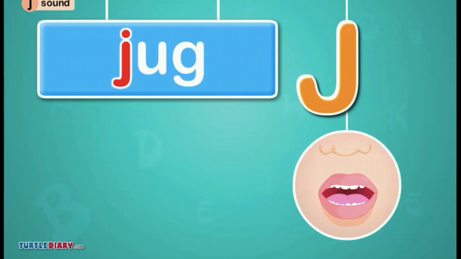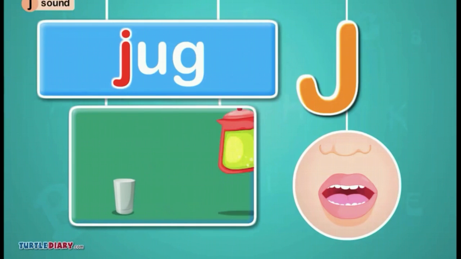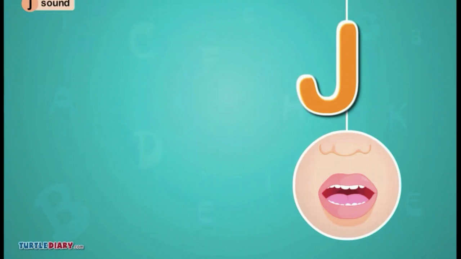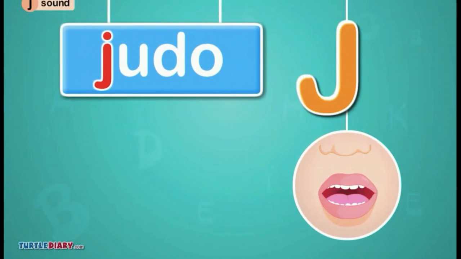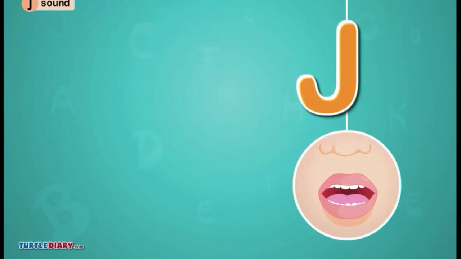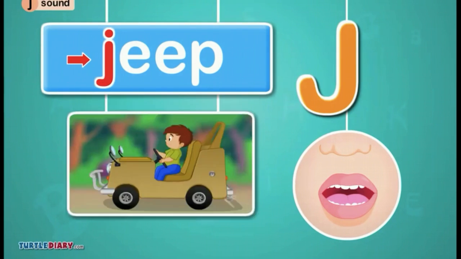Click on the letter that makes the J sound. Jug. Click on the letter that makes the J sound. Judo. Click on the letter that makes the J sound. Jeep.